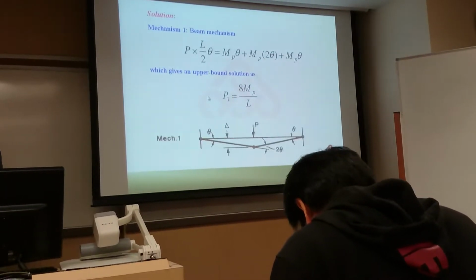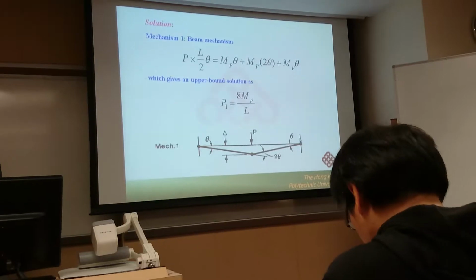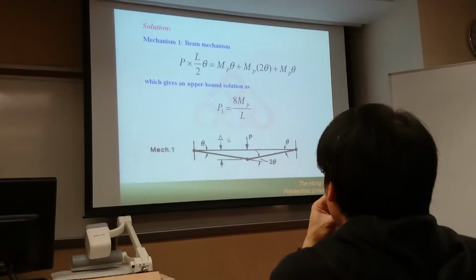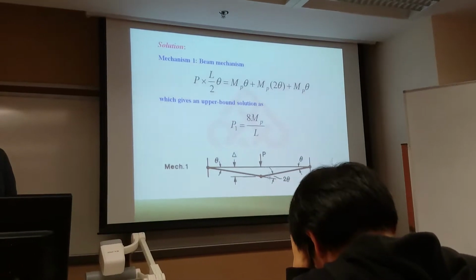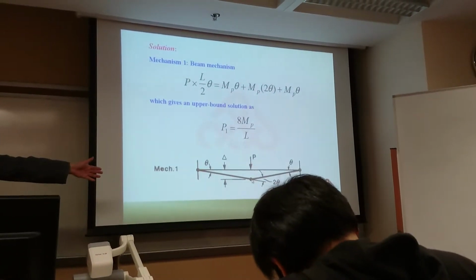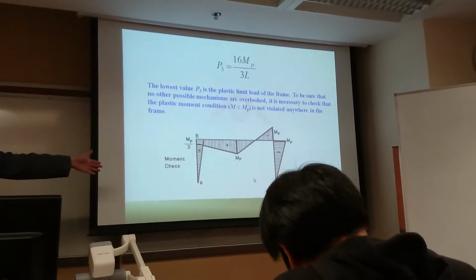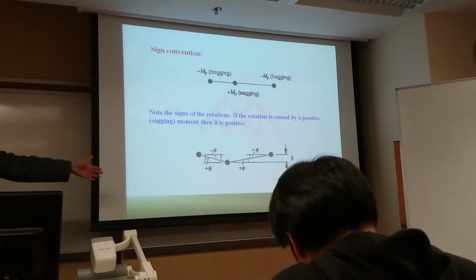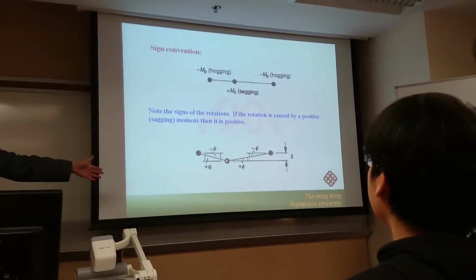When we calculate the collapse force for the beam mechanism, we introduce a virtual displacement like this. So this virtual displacement is the same as the virtual displacement we introduced to calculate the moment for section B.